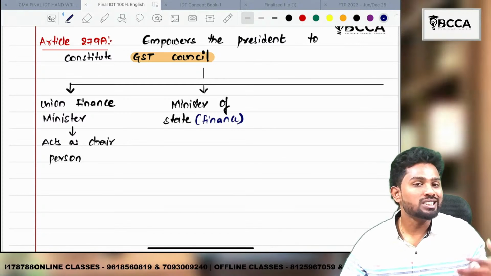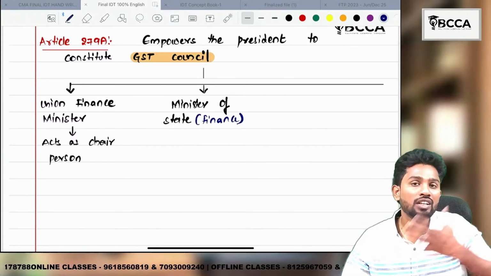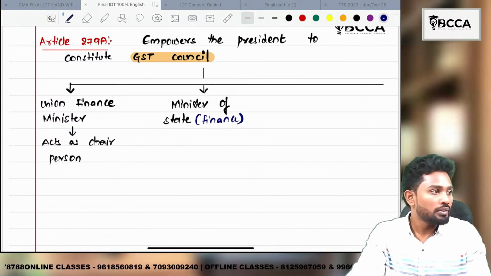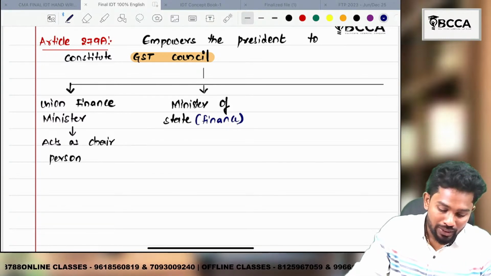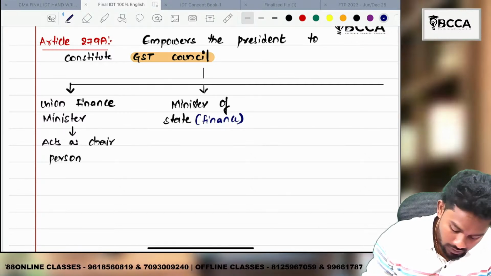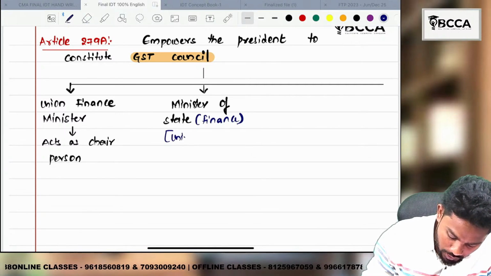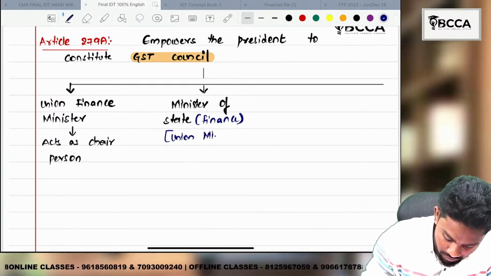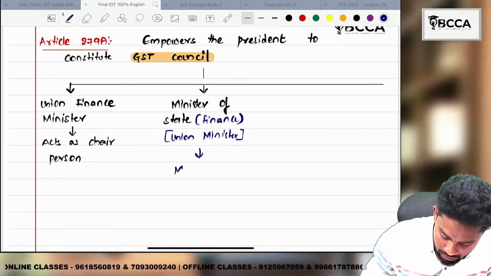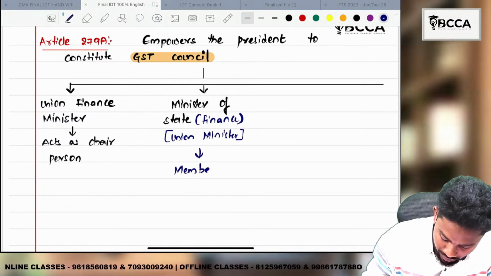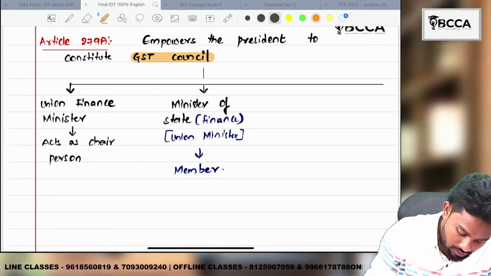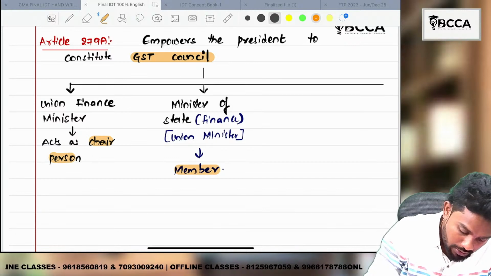So one minister cannot answer all those things. That's why there are some deputy ministers also under the finance ministry. So the Minister of State of Finance is also a union minister who will act as a member. The Union Finance Minister acts as chairperson. Here it is a member.